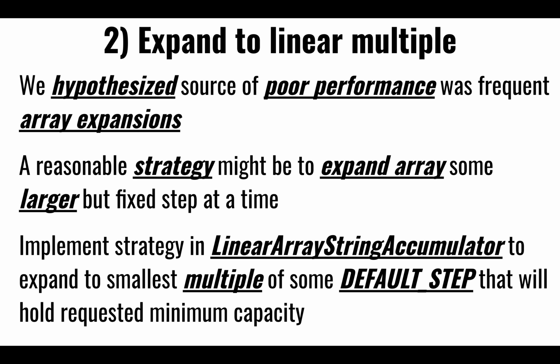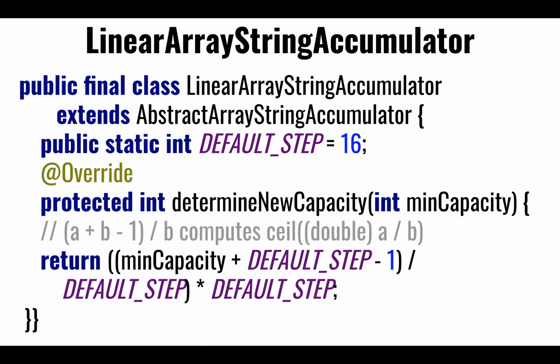So we can decide how aggressive we want to be, the multiple that we want to grow by. Maybe it'll be 10 times as big as we already have, or 20 times as much as we already have, and it'll be a ratio that we maintain as we grow the array. So in this implementation, we arbitrarily choose that we want to grow 16 times the size that we already have.